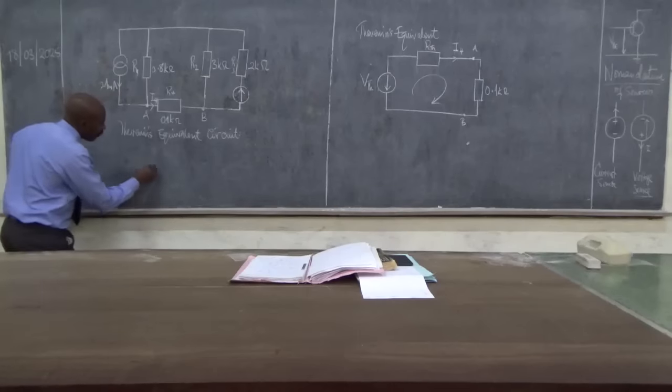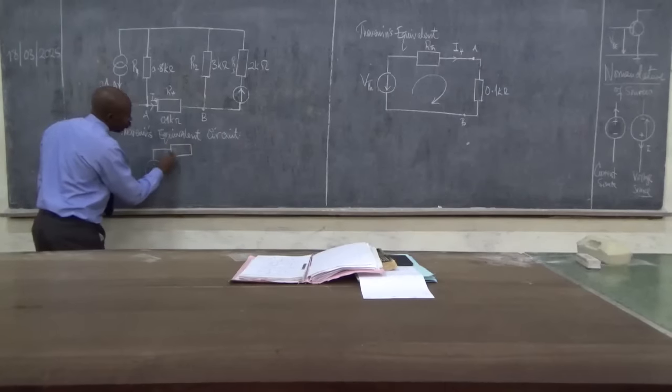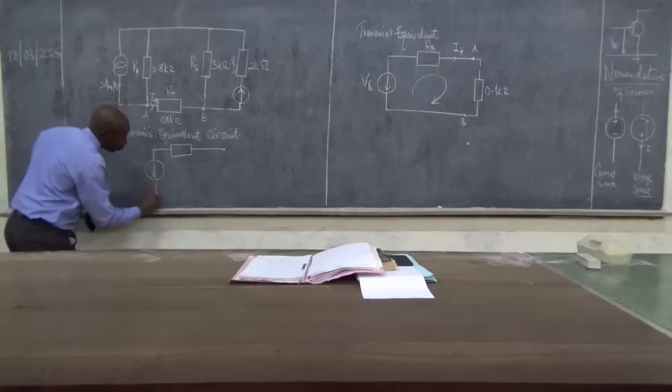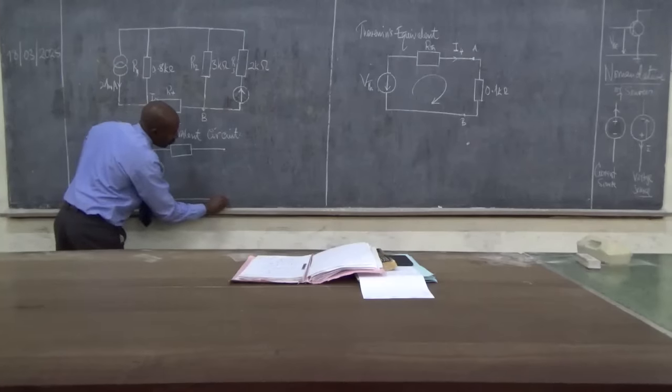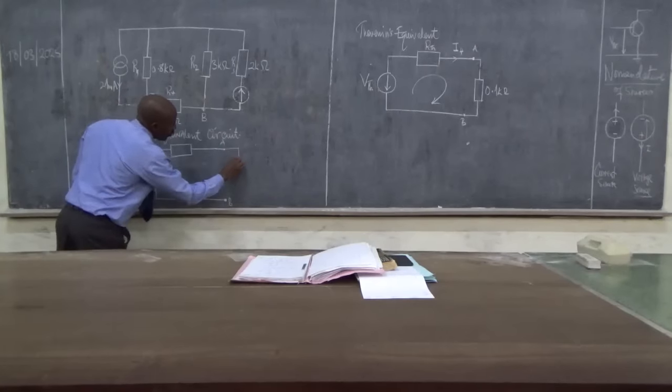So I got the voltage source, Thevenin's resistance, 2 points A, B, the resistance that we have.